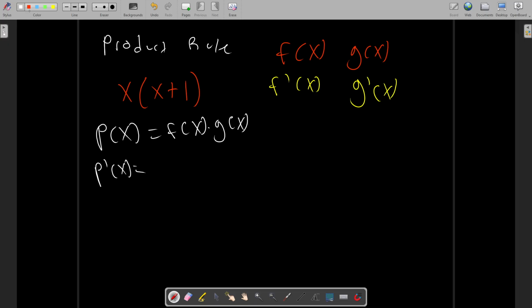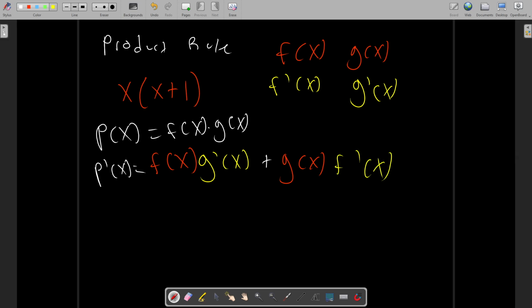Well, the product rule will tell us that p prime is equal to f of x, just the normal function, times the derivative of g of x, plus g of x times the derivative of f of x.